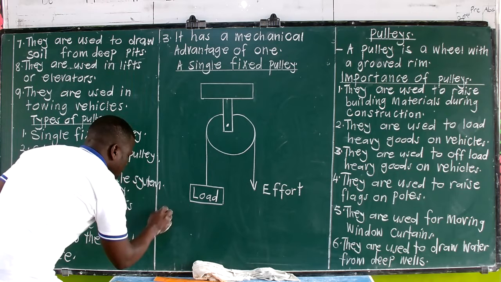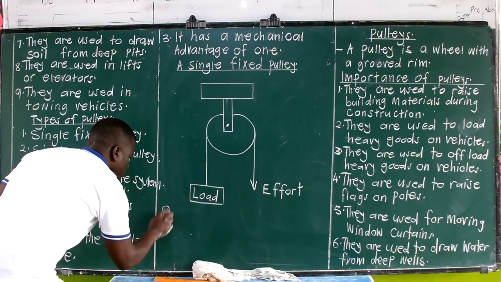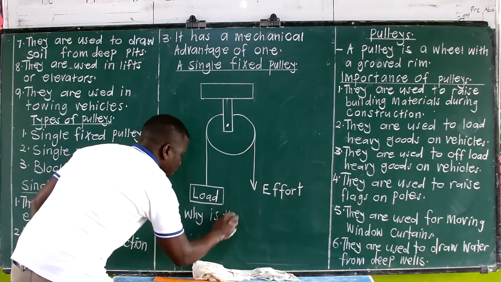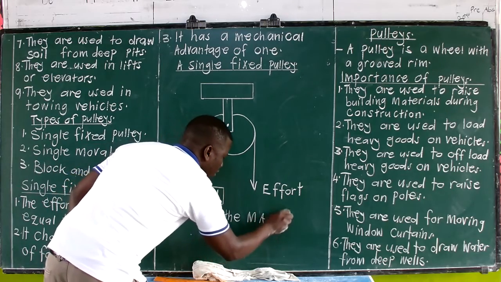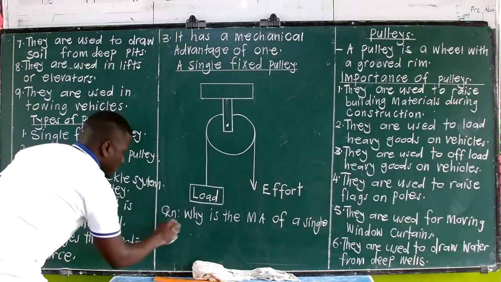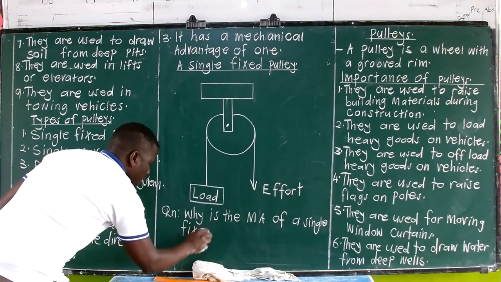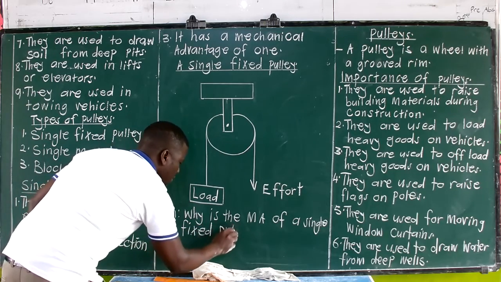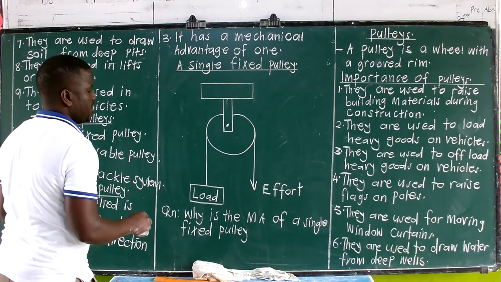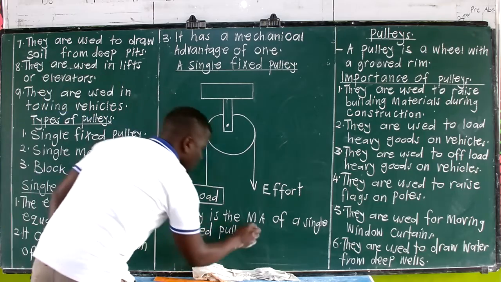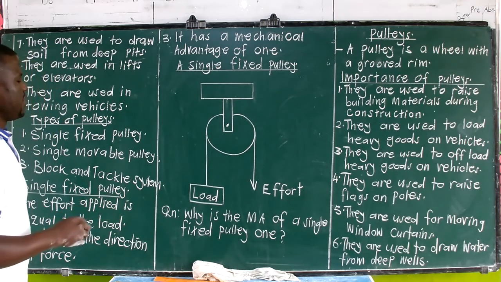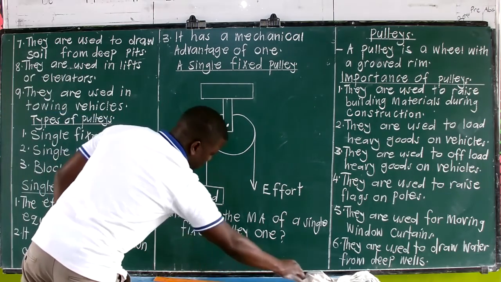So you can write NB for a question: Why is the mechanical advantage of a single fixed pulley 1?